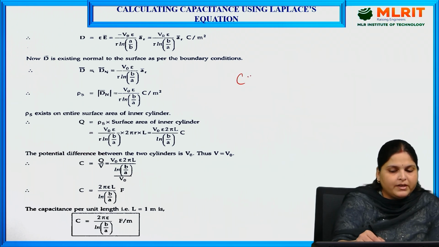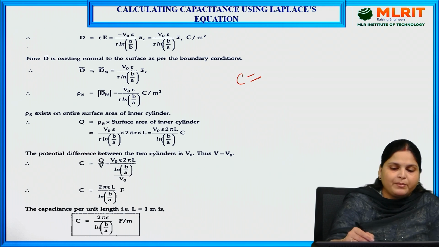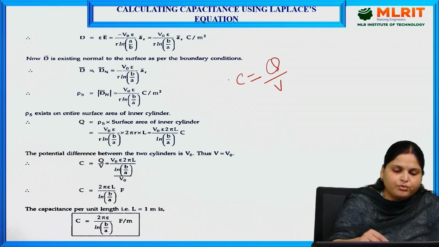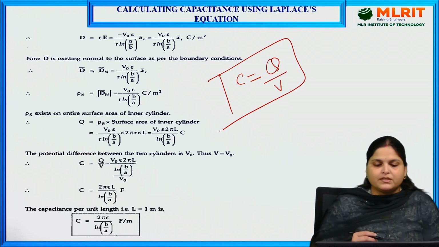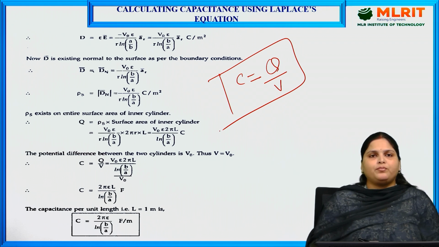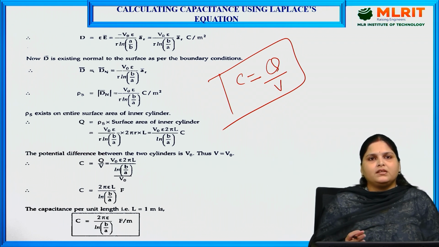Now the relation between charge and capacitance is C = Q by V. That means capacitance equals charge upon the potential between the two cylinders, right?